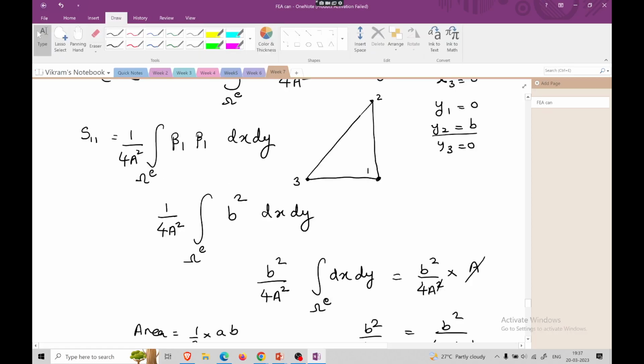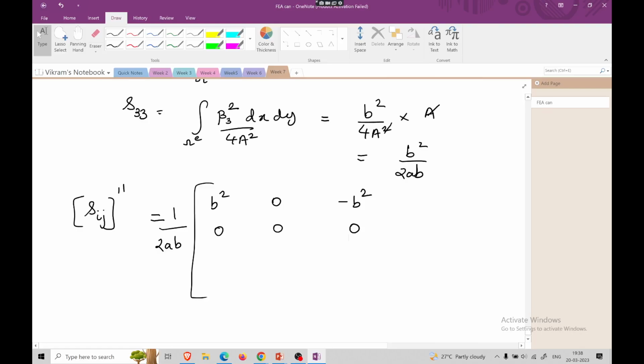If you see here, 1 by 2ab as common: b square, 0, minus b square. The second row, everything is 0. Third row is minus b square, 0, b square. So this we have got.